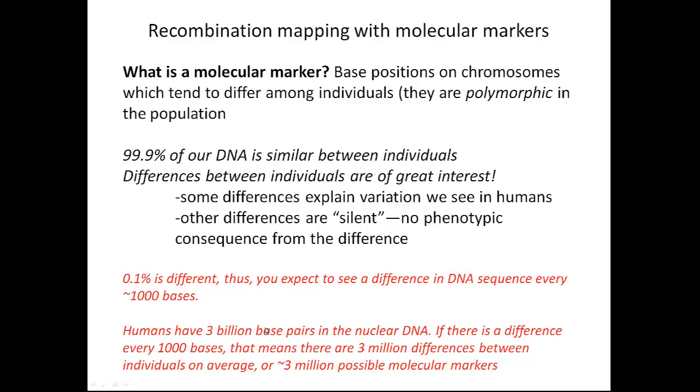And so if we have a difference every approximately 1,000 nucleotides, that means we've got 3 million differences, roughly, between individuals. And so there are a lot of possible places in the genome where we could find a molecular marker that can be used to follow the inheritance of a nearby disease allele.